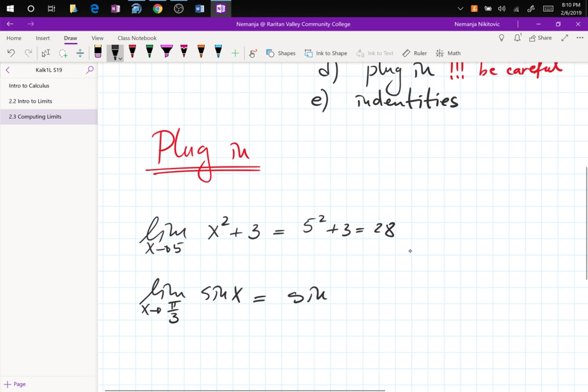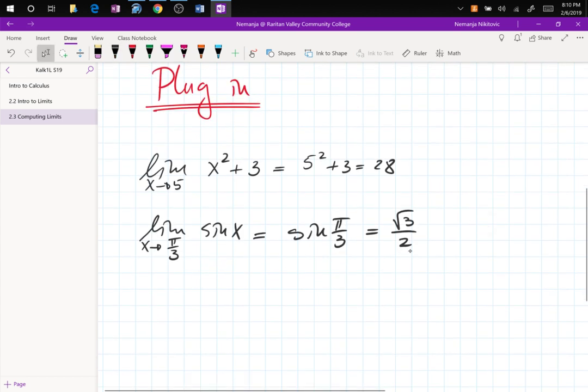Well, that's sine of pi over 3, which is very good. All right, so root 3 over 2. I gave you enough time. So these are examples where the plug-in method works. And we're happy.